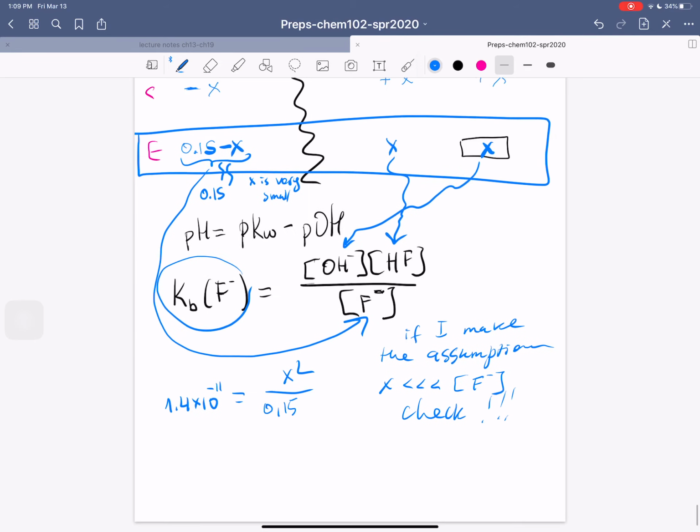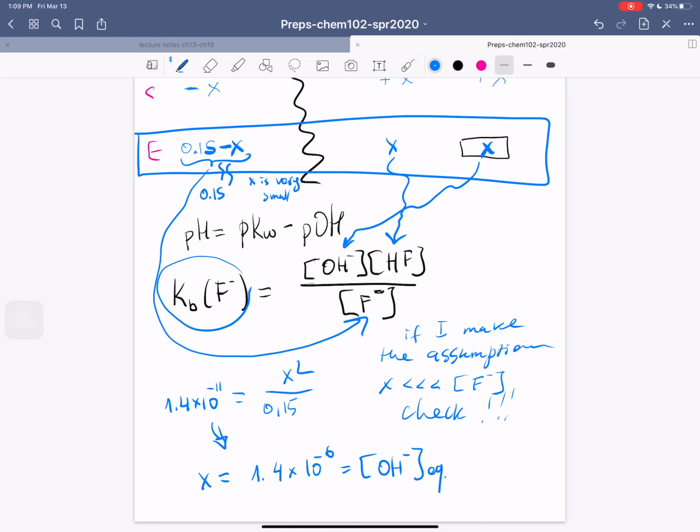So when I do my calculations right here for x, x will be equal to 1.4 times 10 to the negative 6, and x, remember, is the equilibrium concentration of OH minus.